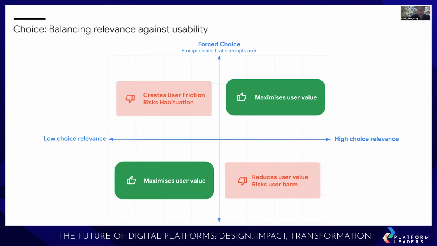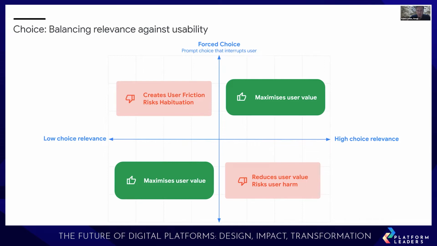That increases friction. That type of choice might actually remind you that you have more than one payment instrument that you can use, but it can also irritate you and reduce your ability to use or your desire to use these different products. So this matrix is a way of thinking about this.